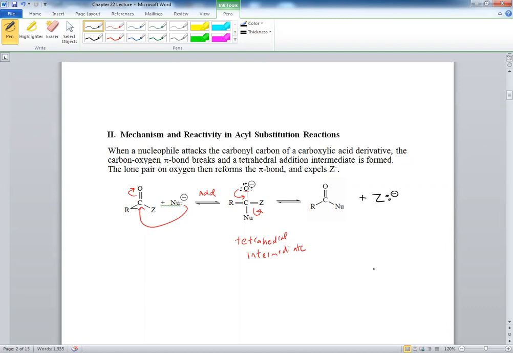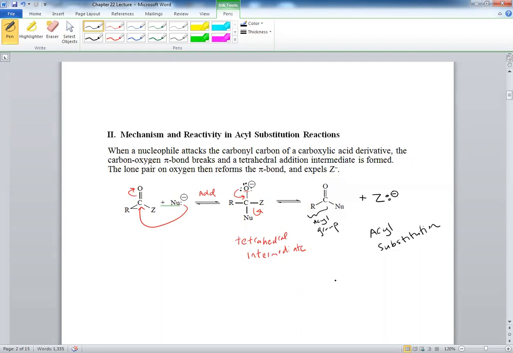So what you have is acyl substitution. This whole process is called acyl substitution, because once again, this group is called an acyl group. So there was a replacement at the acyl group.